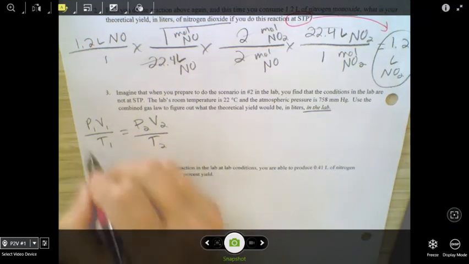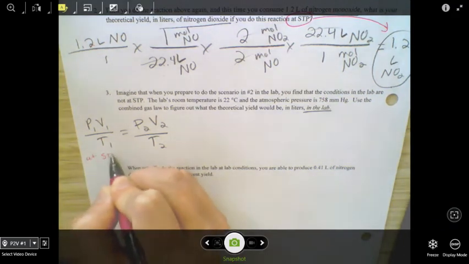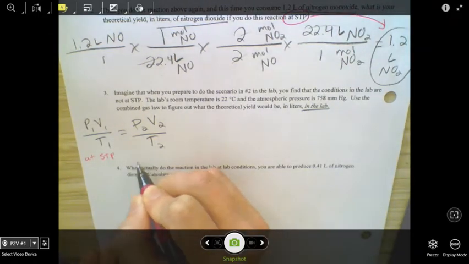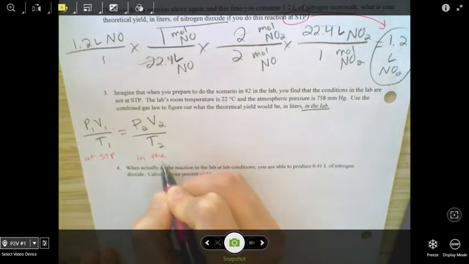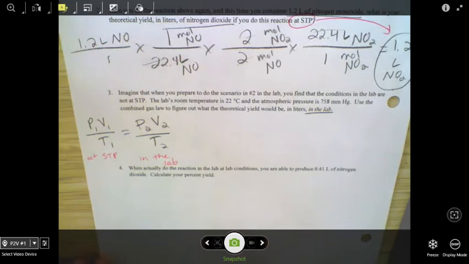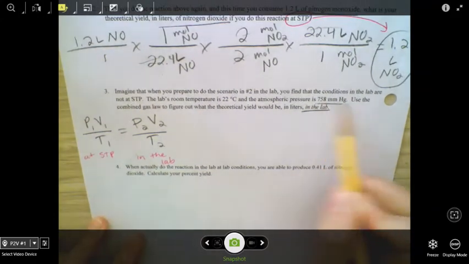So I'm going to label this first part at STP, and I'm going to label the second part in the lab, okay? So there's not going to be too much adjusting going on, just some minor adjusting, okay? So at STP, notice that the pressure in the lab is in mmHg.